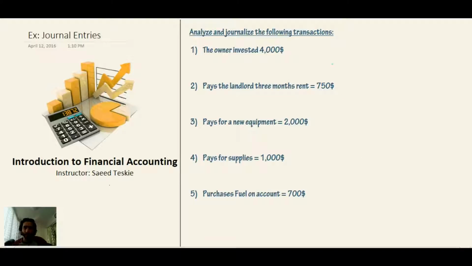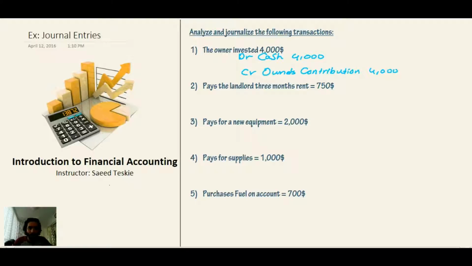Okay, first the owner invested $4,000, so we will debit cash 4,000 and we will credit owner's contribution 4,000.